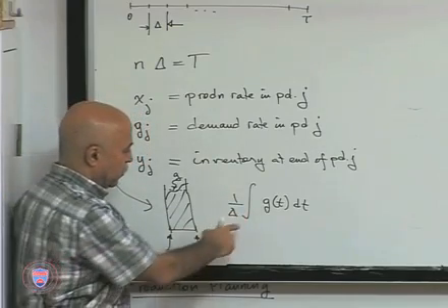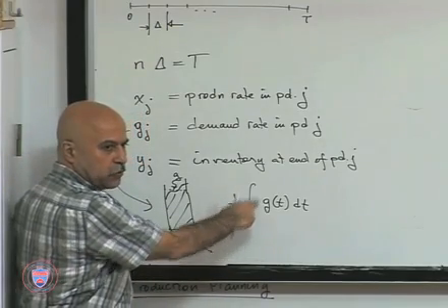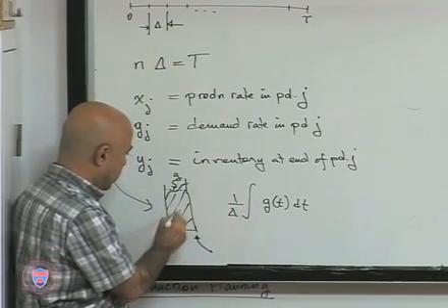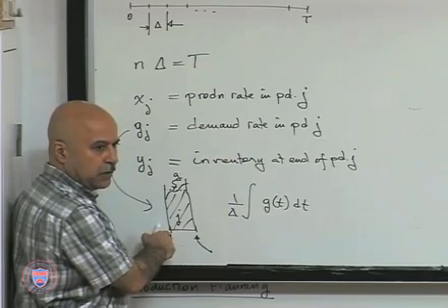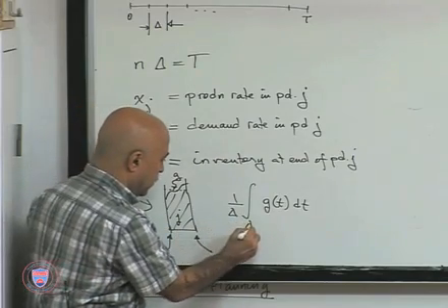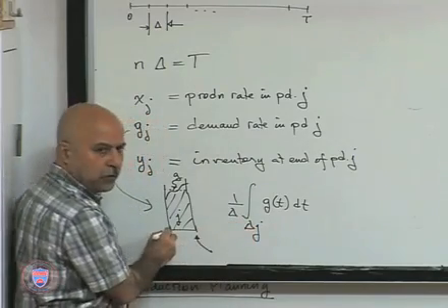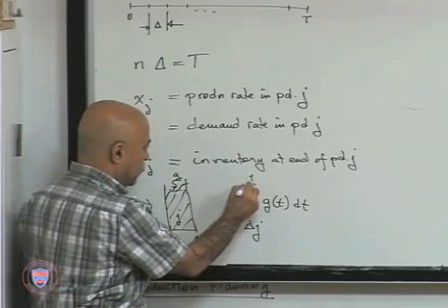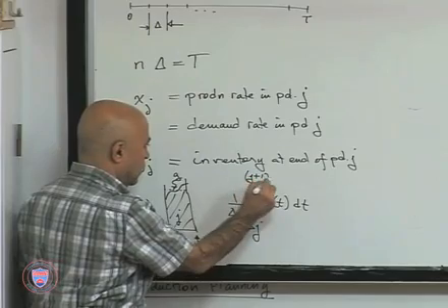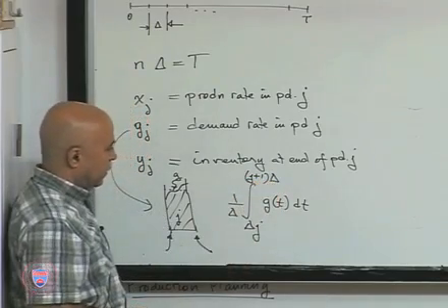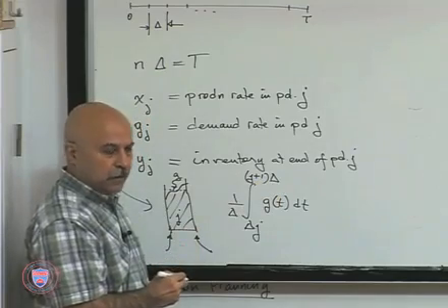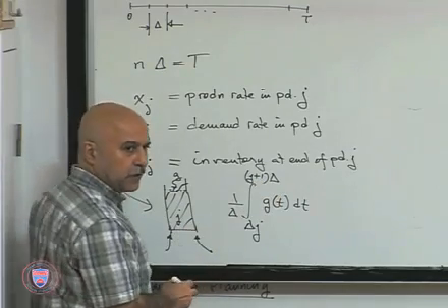Okay? Where do I integrate from? To where? This is period j. So I've got delta j here. That's the time point corresponding to the left part. And the time point corresponding to the right part is j plus 1 delta. J minus 1? Pardon? No, I think it's this way.